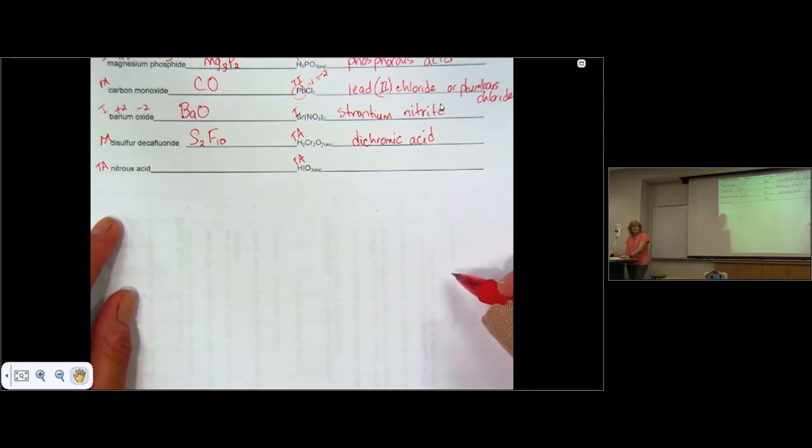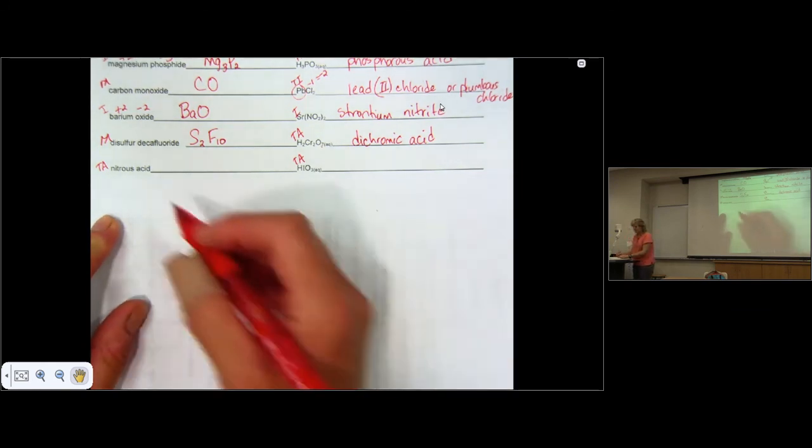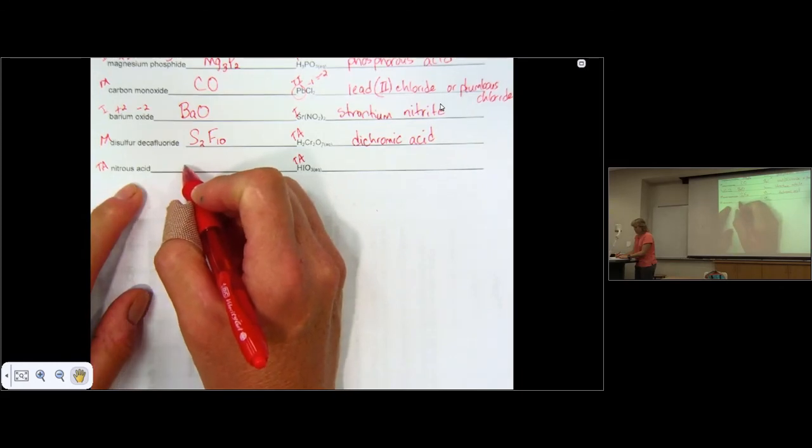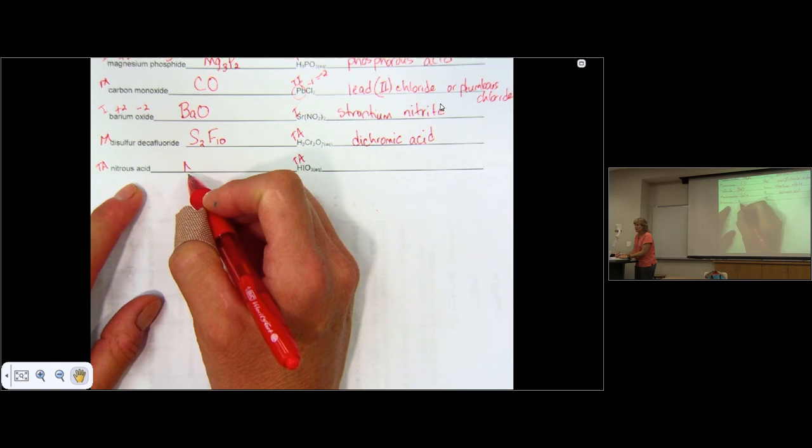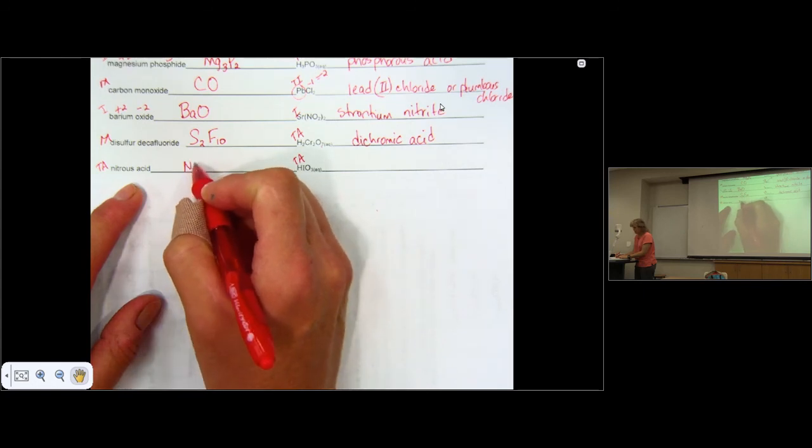Nitrous acid. What kind of acid is it? Okay, how do you know? Again, doesn't say hydro. So what did nitrous come from? It's an -ous, so who did it come from? Nitrite.